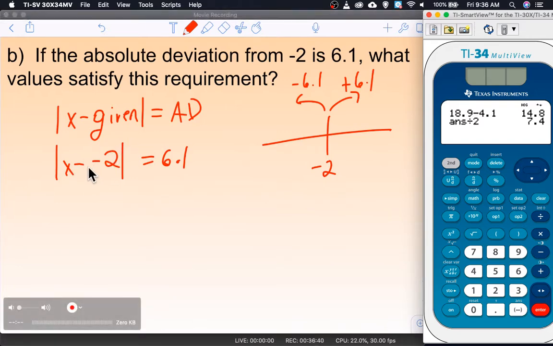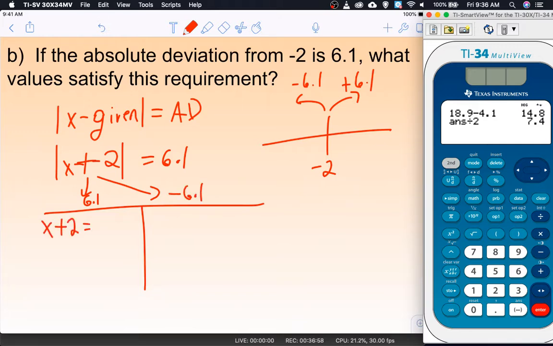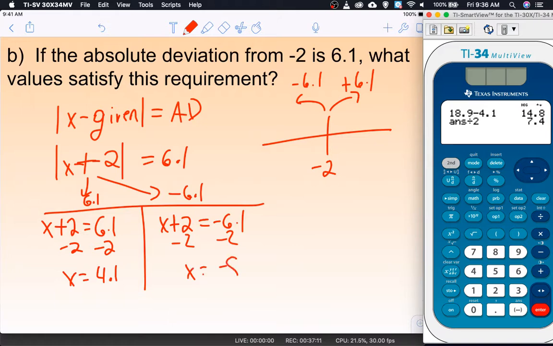Now I'm going to change this minus -2 into a plus. And now we solve. I want the stuff inside to be equal to a positive 6.1, and I want the stuff inside to be equal to a negative 6.1. So we make that happen. And we solve. Subtract 2 on both sides, x equals 4.1. Subtract 2 on both sides, x equals -8.1.